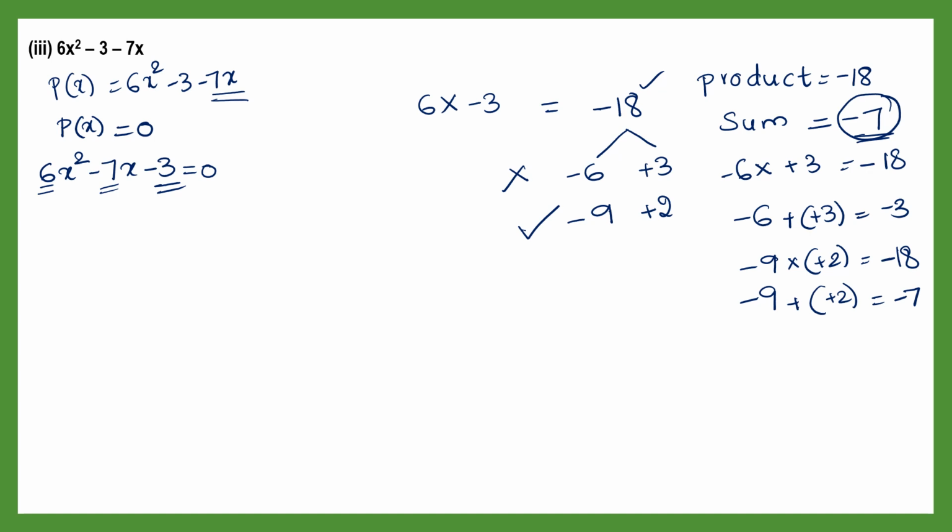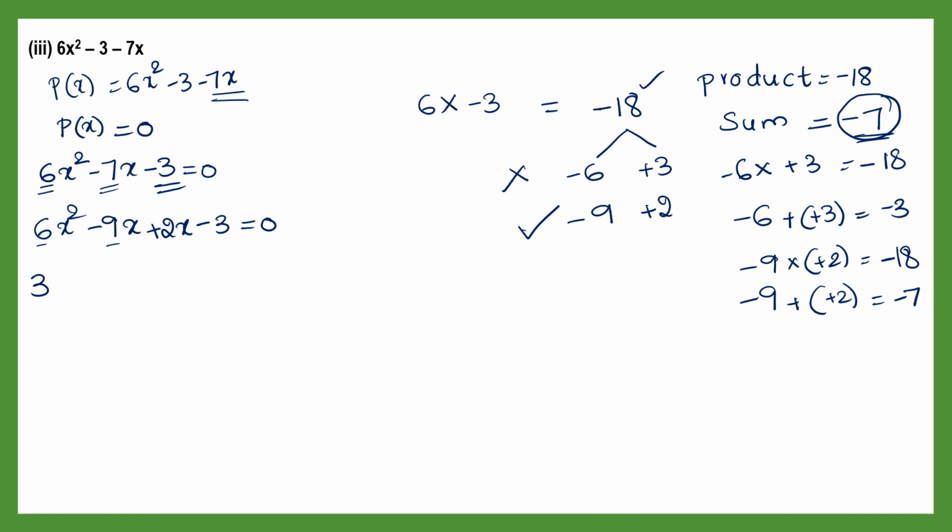So the middle term should be split in this way, minus 9 and plus 2. 6x square minus 7x should be written as 6x square minus 9x plus 2x minus 3 is equal to 0. Here you have 6, here you have 9. Both these numbers are in the table of 3, so 3 can be taken as common.